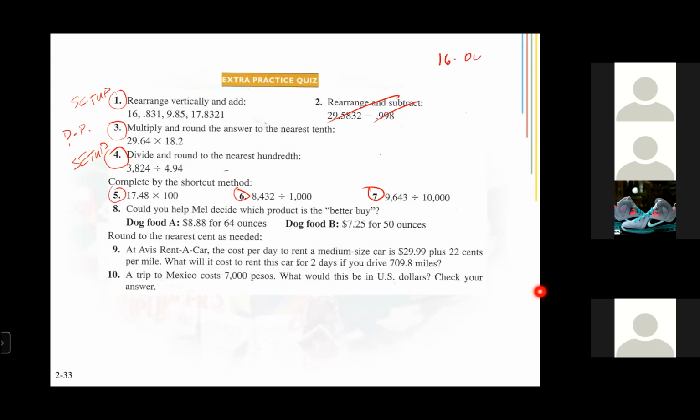Next one is 0.831, and 9.85, and 17.8321.